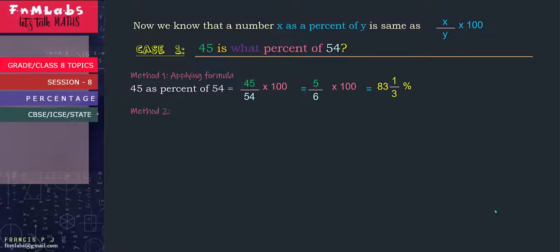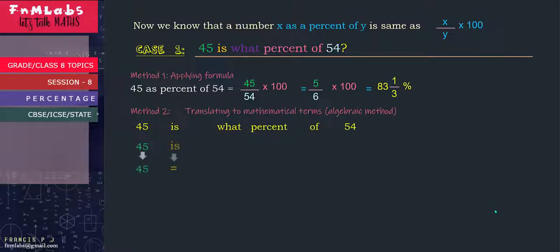In the second method, we try to translate the statement 45 is what percent of 54 into mathematical terms. How will we do that? The statement is 45 is what percent of 54. Now here is translated to the equal to symbol, and what is replaced by some variable, say x, and percent is the process of division by 100. Of is translated to multiplication.